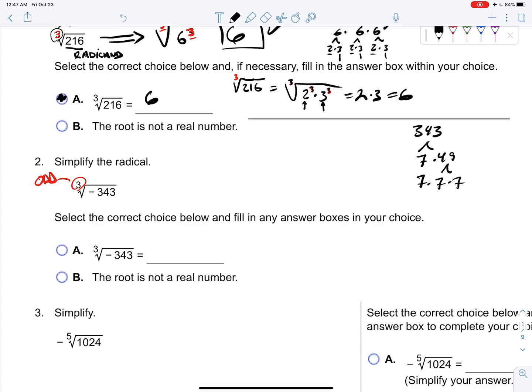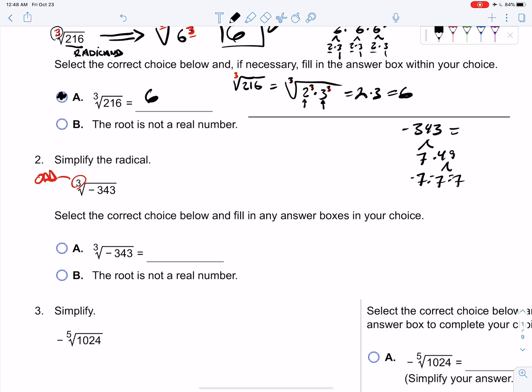Okay, now let's be careful here. A negative times a negative times a negative is negative still. So this negative 343 equals negative 7 in parentheses raised to the third power.